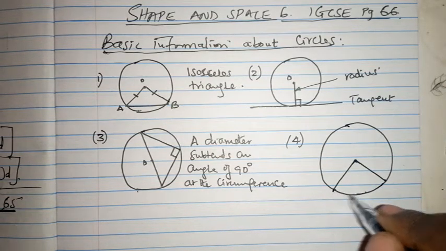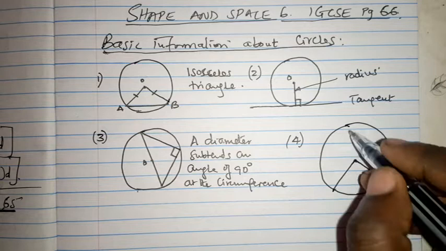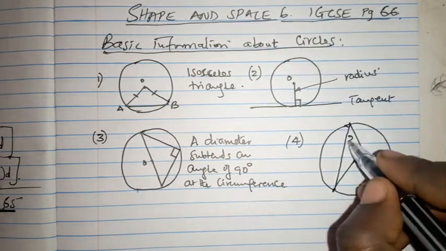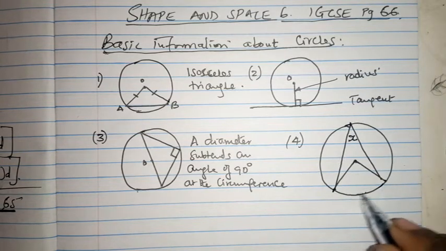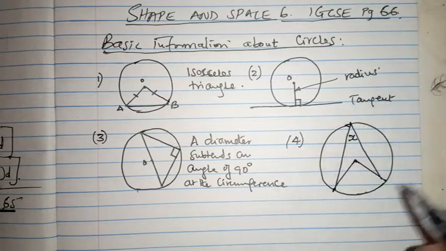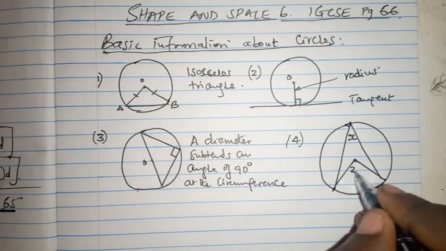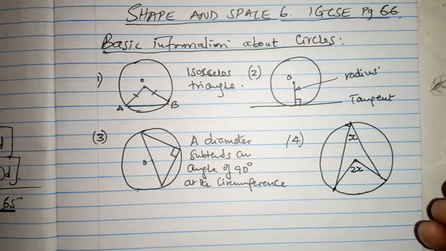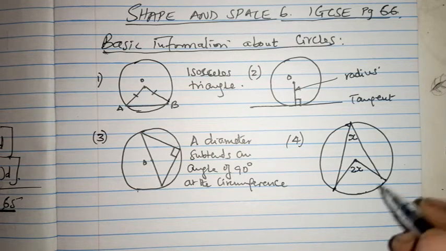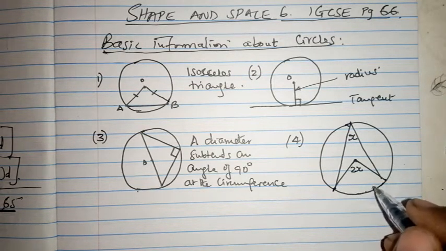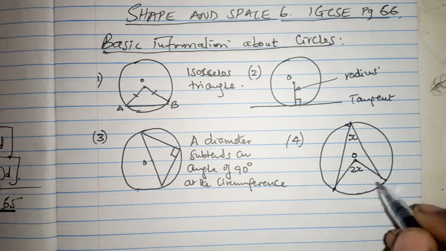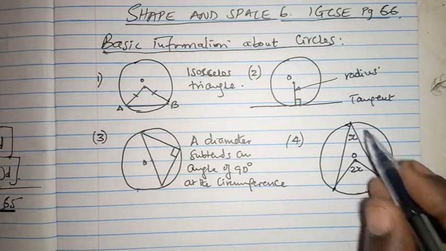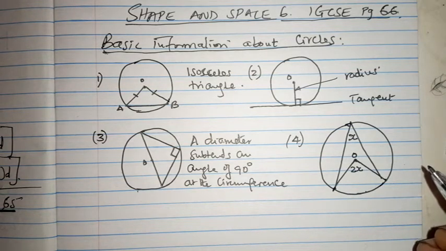If this arc subtends an angle on the circumference of x degrees, then the same arc in the same direction subtends the angle of 2x degrees at the center of the circle. So the angle subtended by a chord at the center of the circle is double the angle subtended by the same chord on the circumference of the circle, regardless where it is.